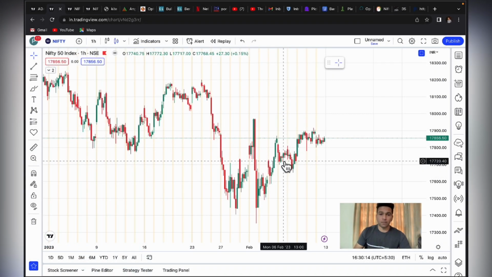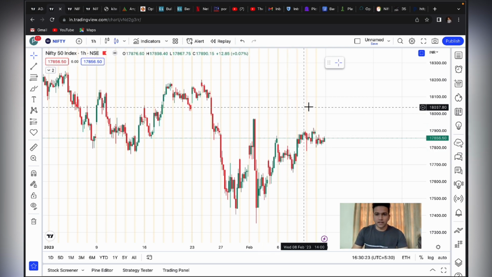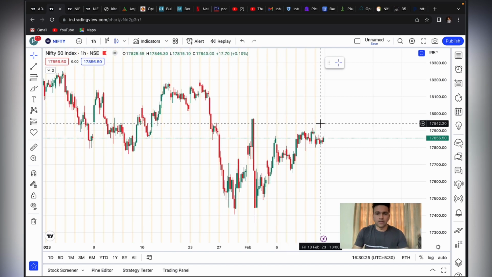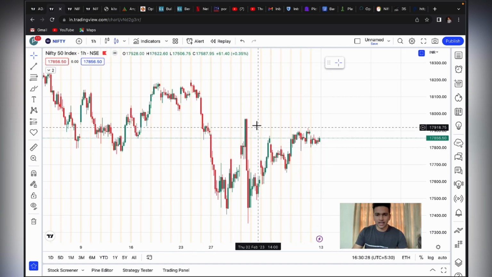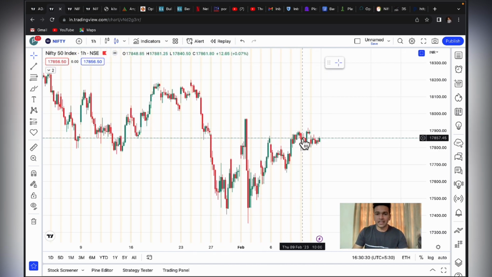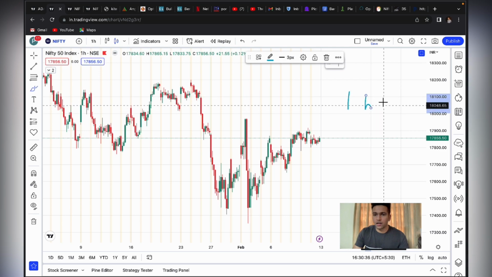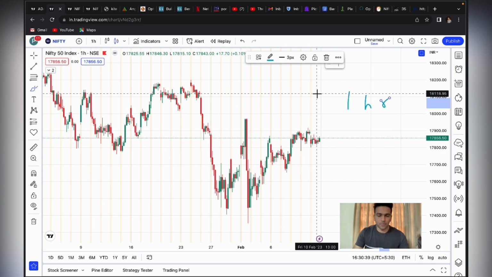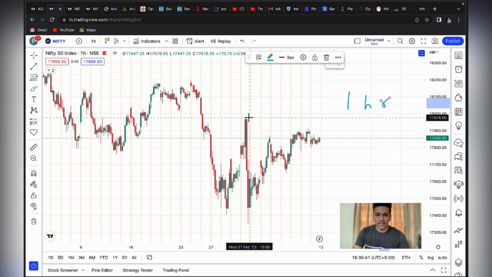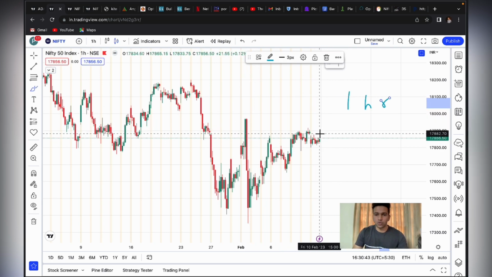Guys, everything we are about to learn today is applicable on any kind of market: stocks, cryptocurrency, anything. But today we are looking at a chart of Nifty on an hourly time frame. So each candle shows the price movement of Nifty on an hourly basis.